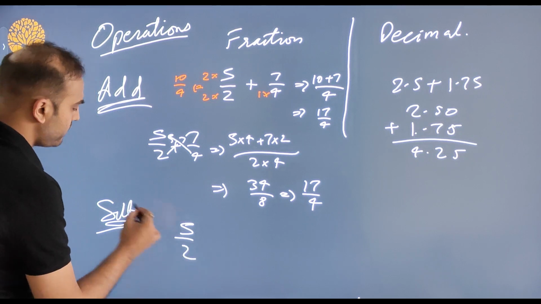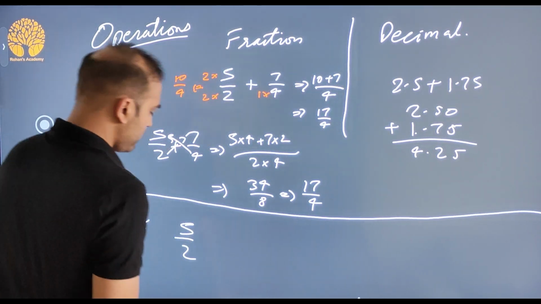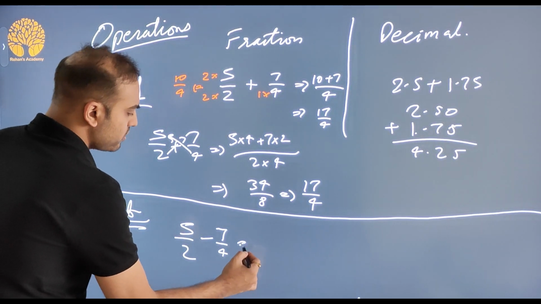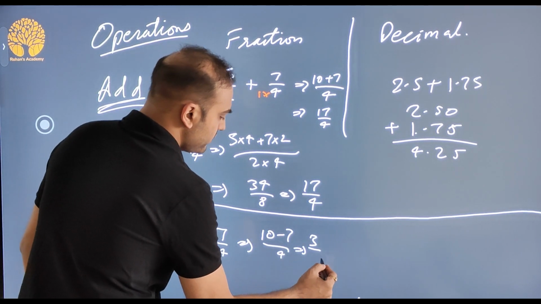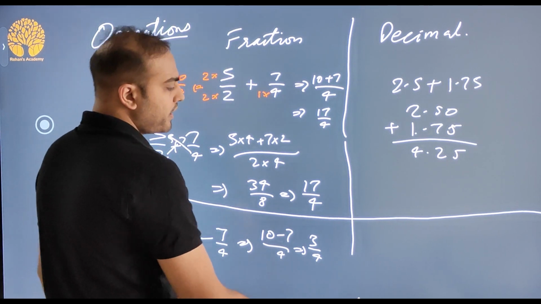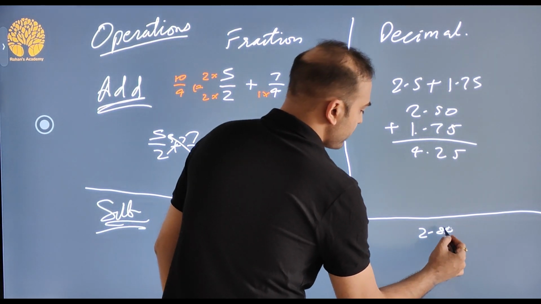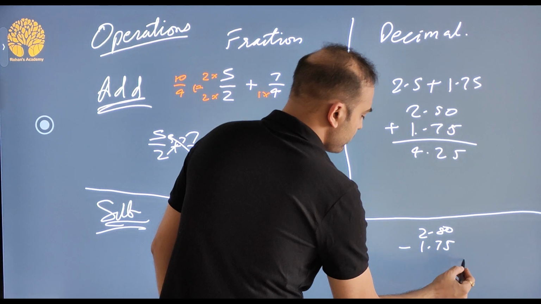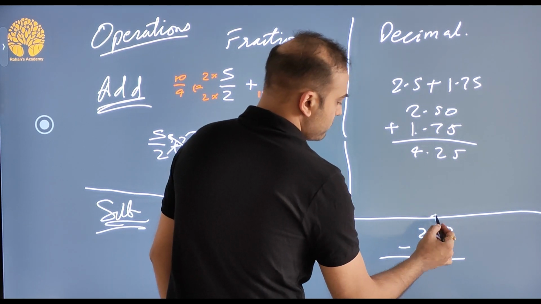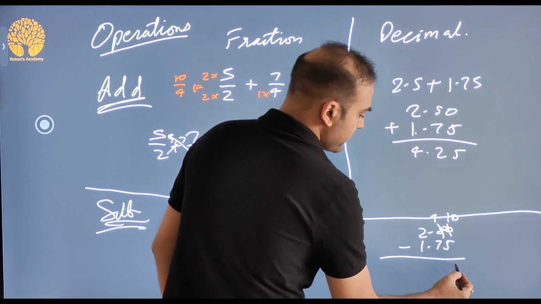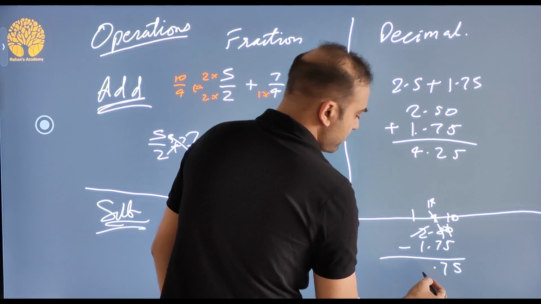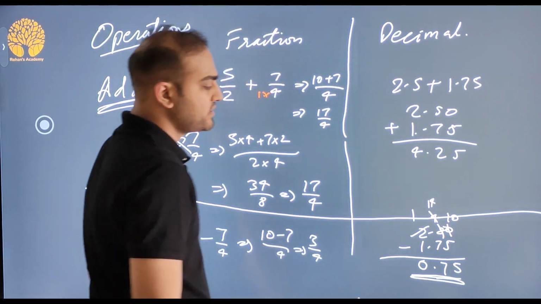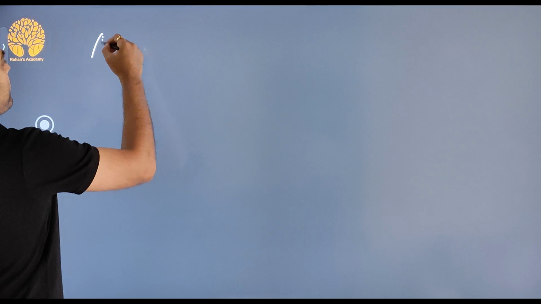So if you have 5 by 2 minus 7 by 4, same, 10 minus 7 by 4, that's 3 over 4, right? And similarly 2.5 minus 1.75, this will become 4, this will become 10, 10 minus 5, 5, 4, again 1, 14, 7, 1 minus 1 is 0, 0.75.